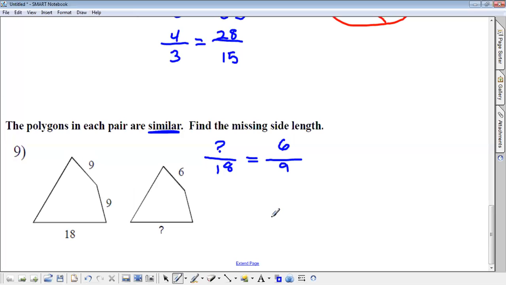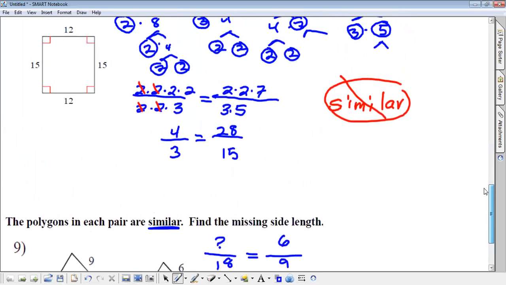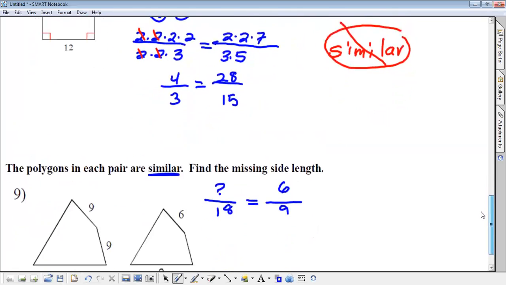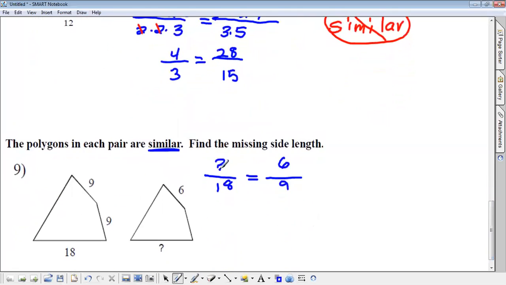Now, I cannot do this because for factoring, I need a number, and there is no number here. I cannot find what multiplies to question mark. The way you do this is you cross multiply.